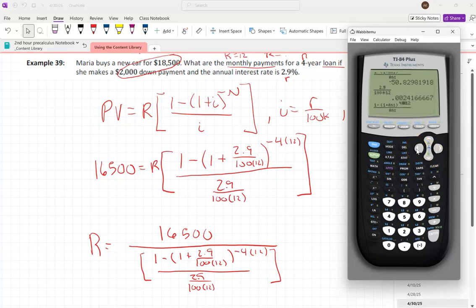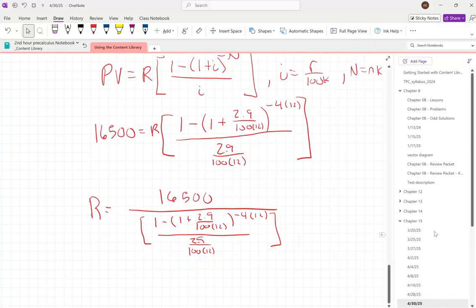I knew I did something wrong because I got a negative value there. I forgot the negative sign. There we go. And then I'm just going to take that number and divide the 16,500 by that. So my car payment should be about $364.49.